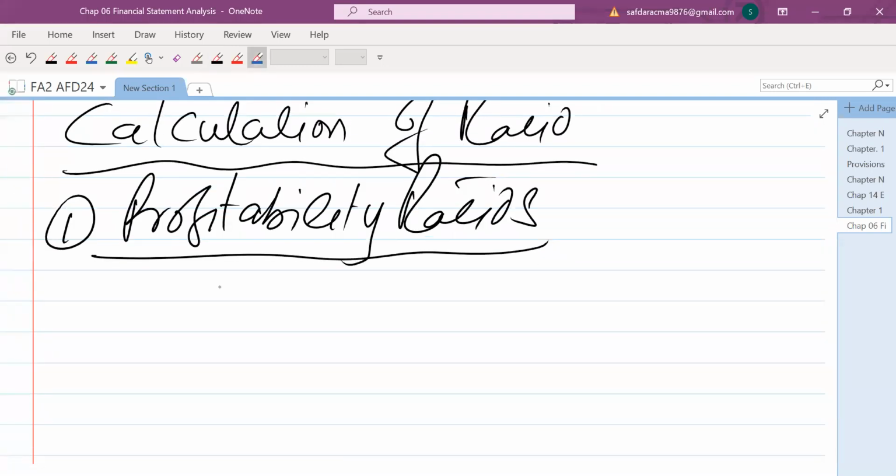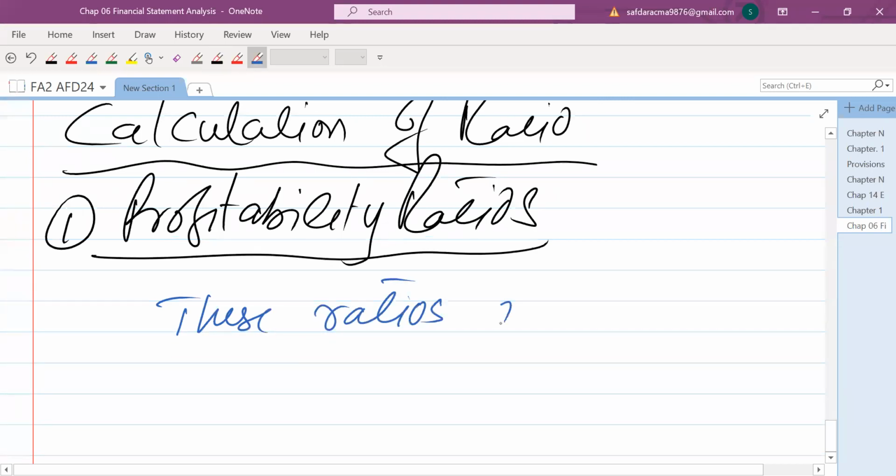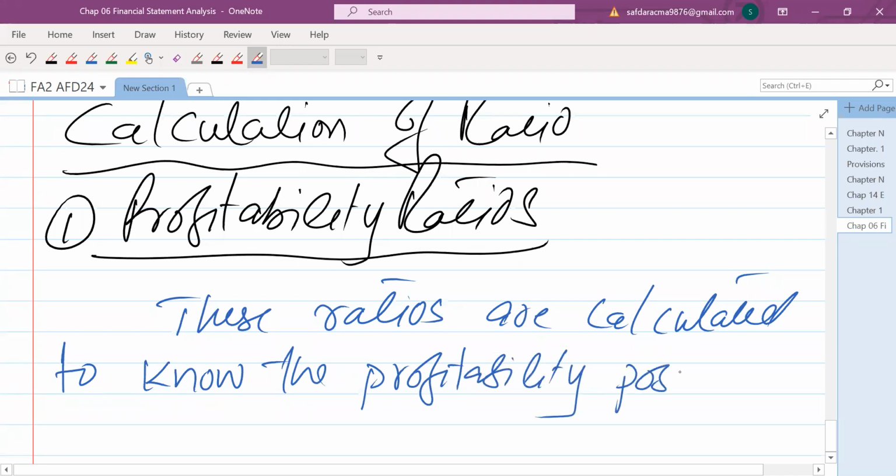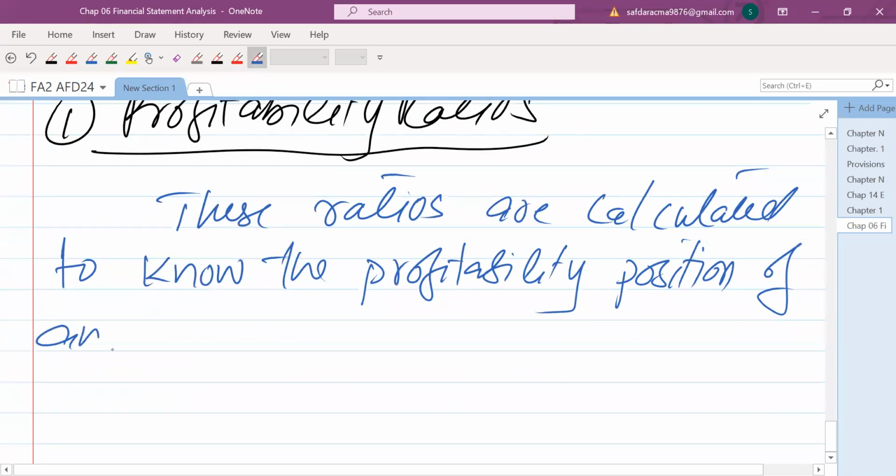These ratios are calculated to know the profitability position of an organization.